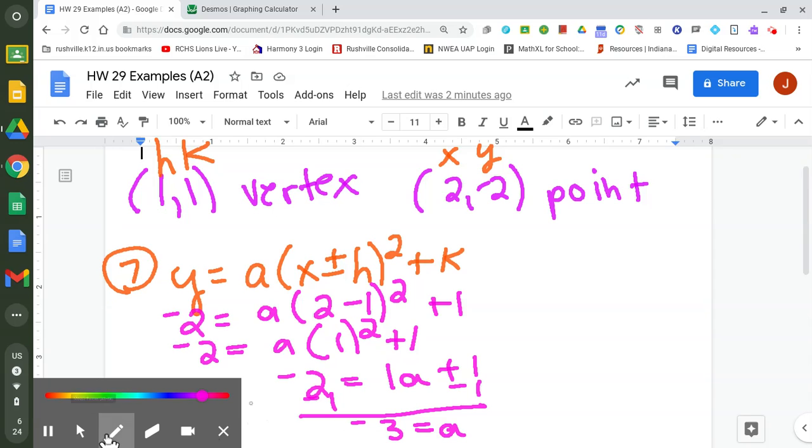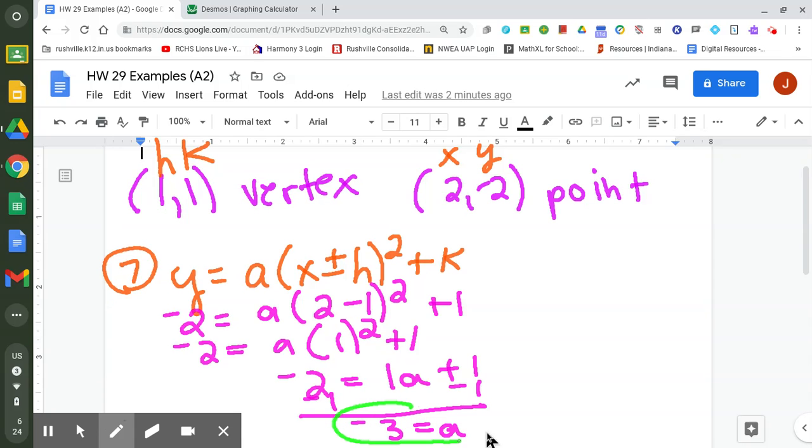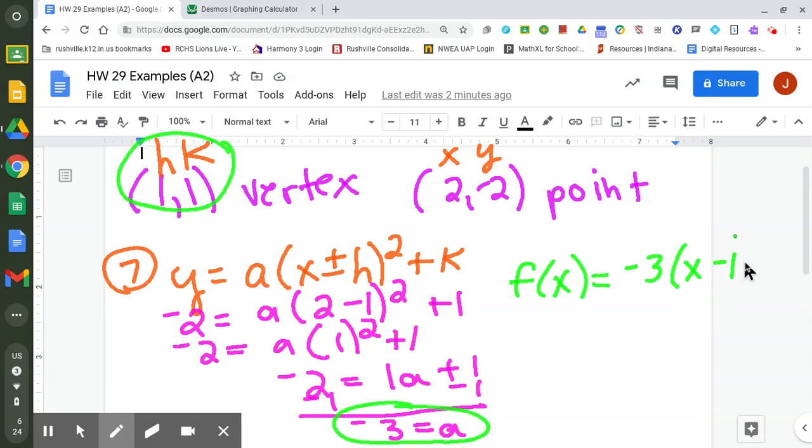So now that I have this piece of information and this piece of information, I can write my equation. f of x equals, my a is negative 3, x minus 1, that quantity squared, plus 1. And that is my equation.